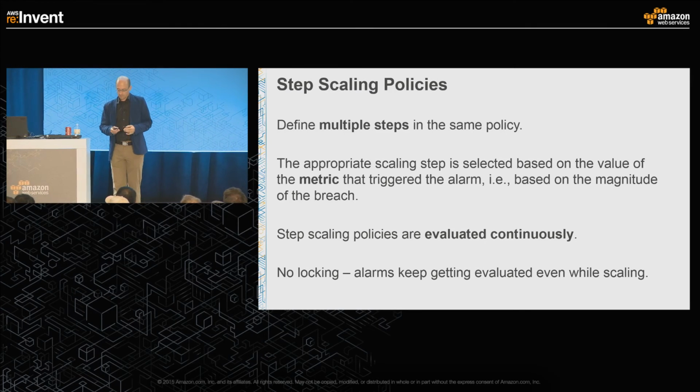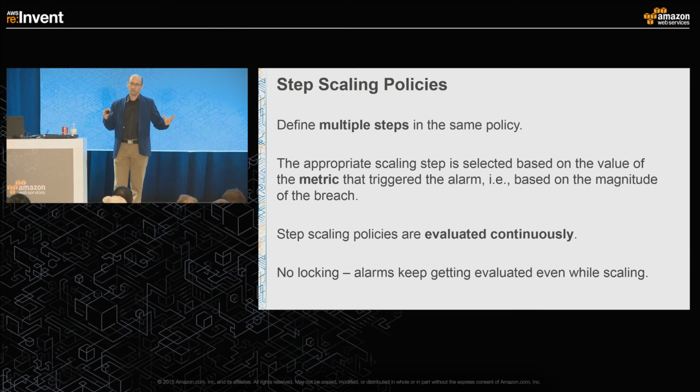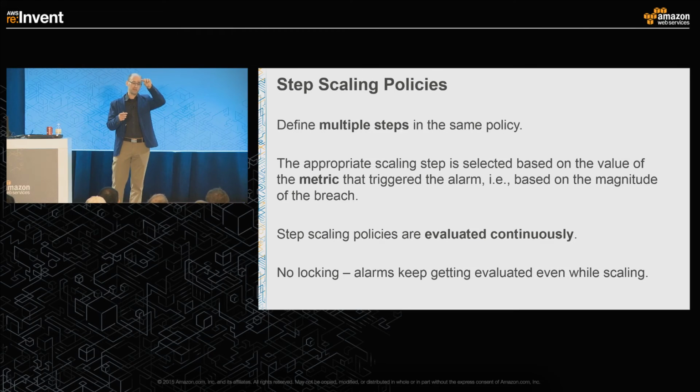And the other thing is that the scaling policies are evaluated continuously. So there is no cooldown period that blocks the whole thing. So if, for example, I breach the threshold, I'm at 65% utilization, it will start scaling out somewhat gently, right? But maybe then it goes through the roof, like 80, 85%.